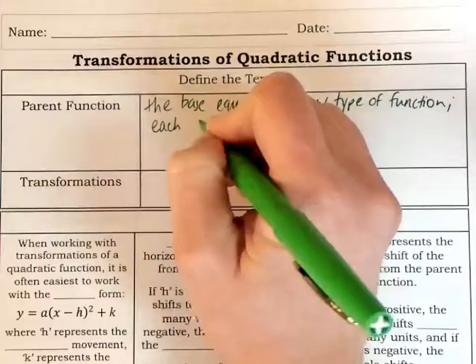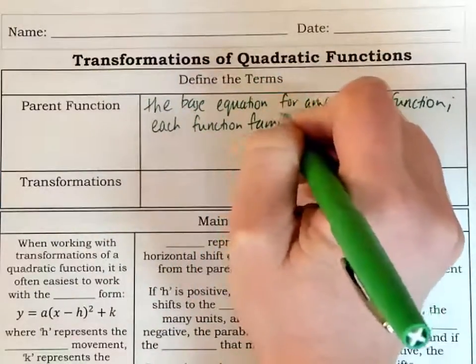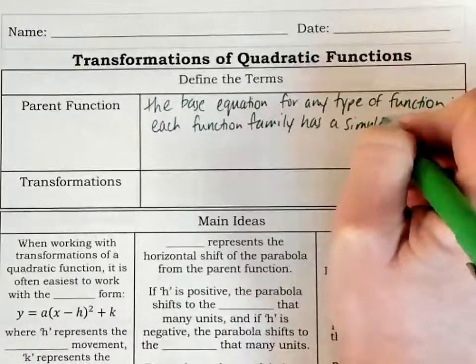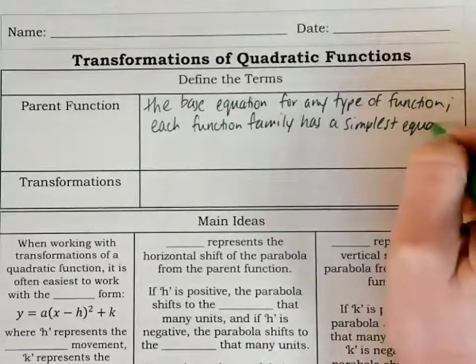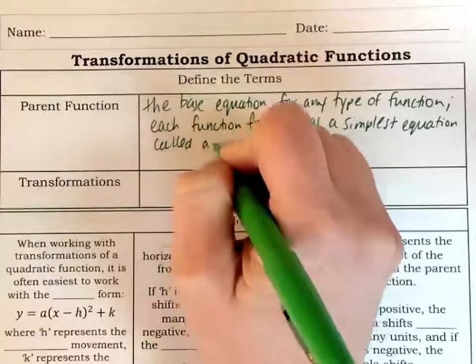So each function family has a simplest equation. It's a base equation, the simplest equation, called a parent function.